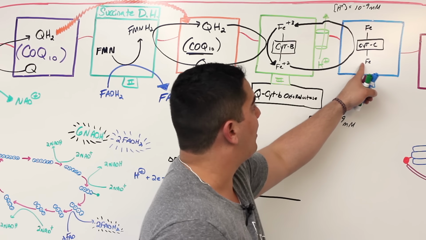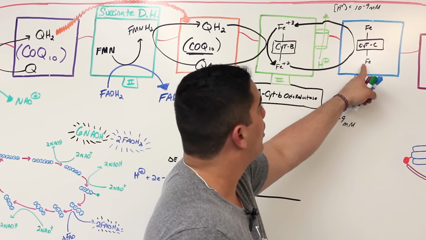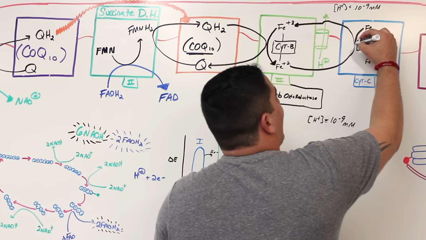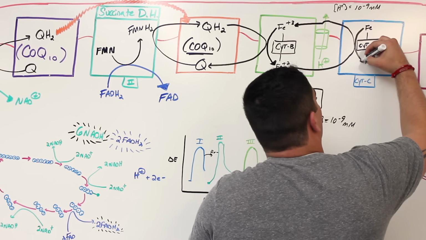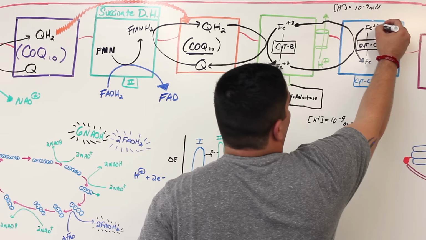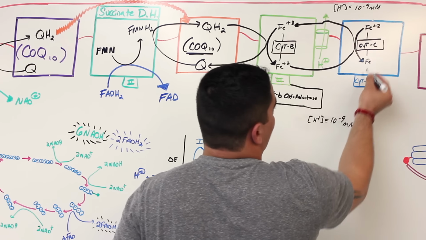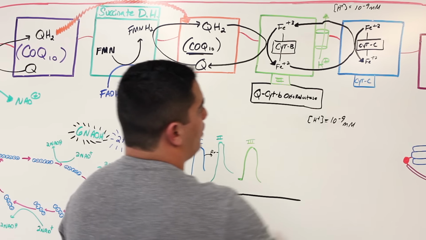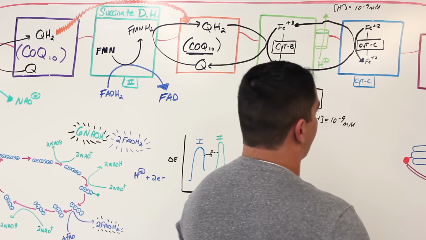When he does that, this guy is now going to do what? Let's say that this iron right here reacts with that and picks up those electrons. If he picks up those electrons, what state should he be in? He should be in the +3 state. When he accepts those electrons, he should now go into the +2 state. And again, you can have copper as a component of this cytochrome too.